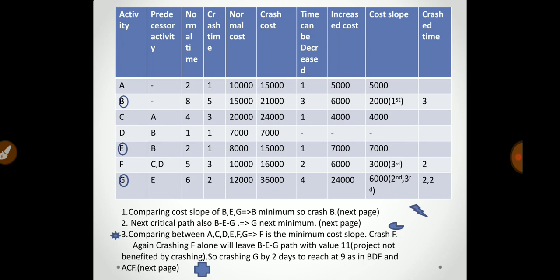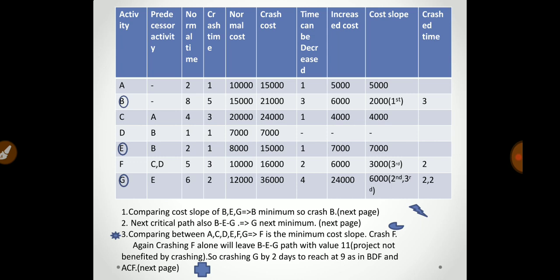Now activity D, normal time 1, crash time 1, normal cost 7,000. Here time cannot be decreased and cost cannot be increased.